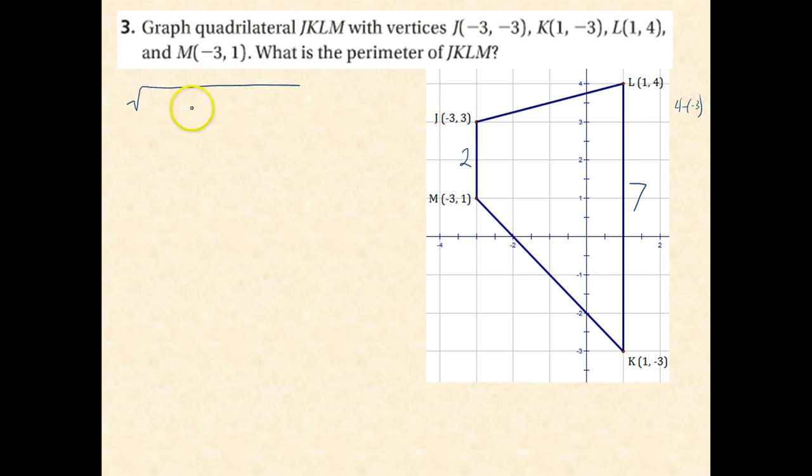So for the first one, I'm going to do the difference of the x values, 1 minus negative 3, and then the difference of the y values, 4 minus 3.